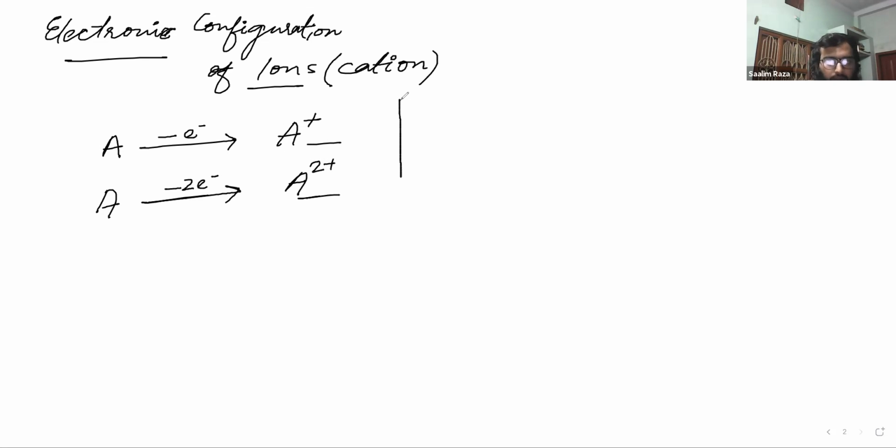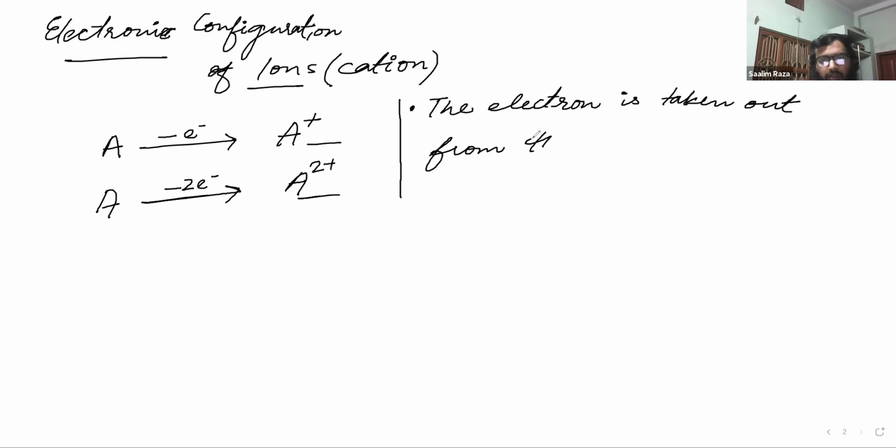The important part to remember here is that the electron is taken out from the outermost shell.